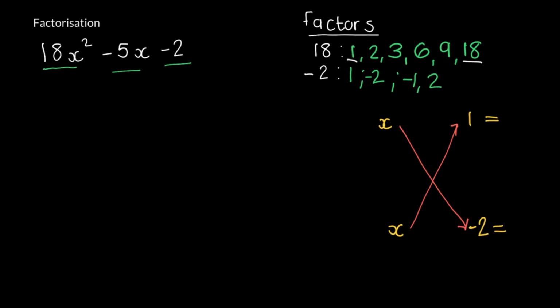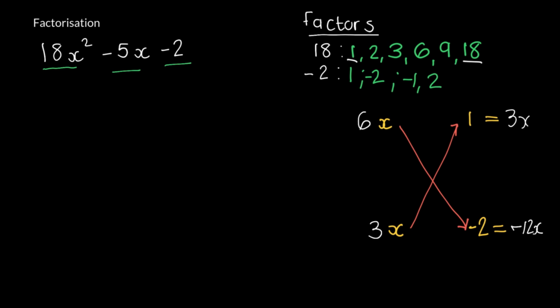Let's maybe try 6 and 3. So we're going to have 6 here and 3 there, because 6 times 3 gives me the 18x squared I'm looking for. So 6x multiplied by -2 is going to give us -12x, and 3x multiplied by 1 is going to give us 3x.